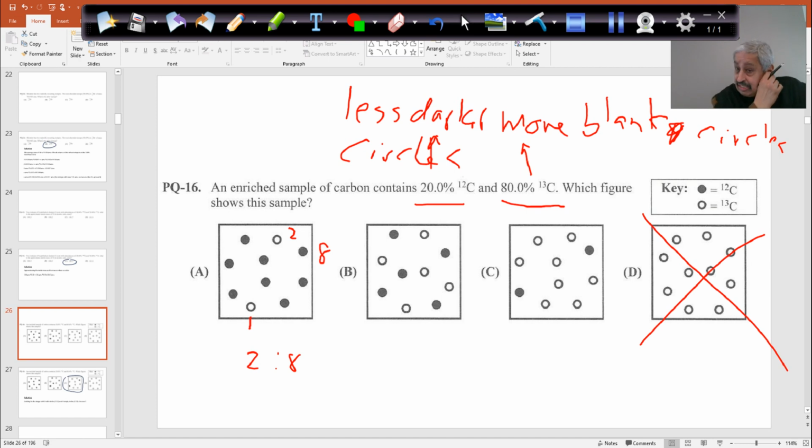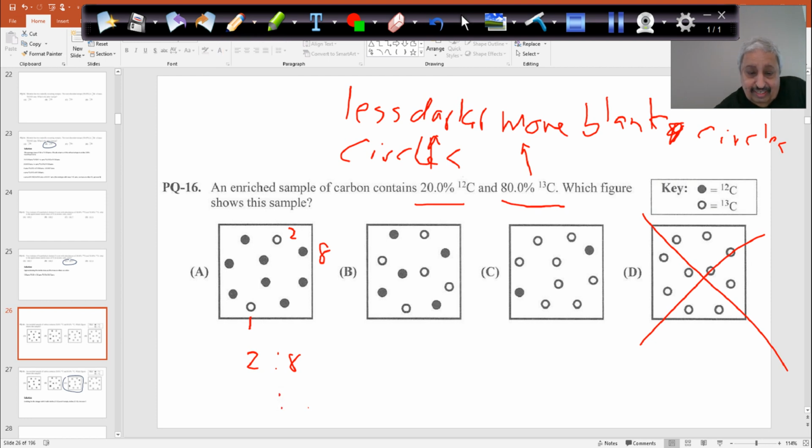The blank one is carbon 13, and the darker one is 12, correct? Oops, sorry. So the darker one is 12. I'm looking at the percentage here.